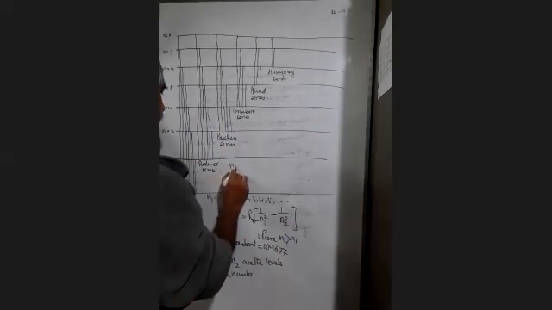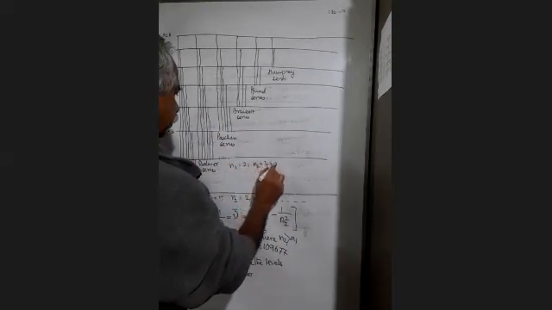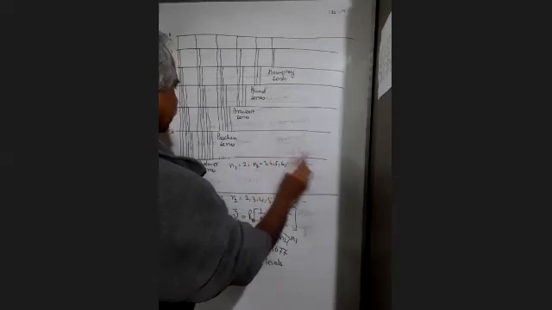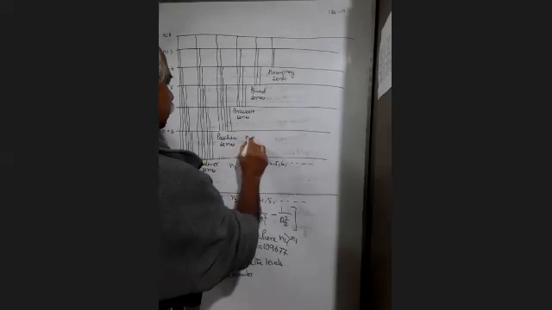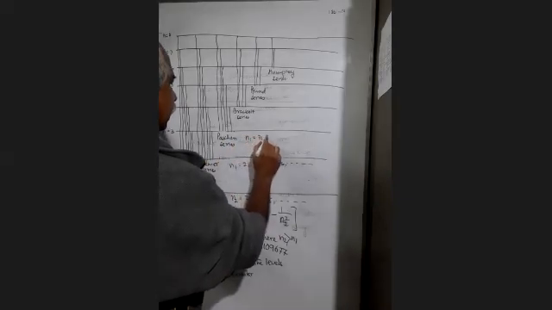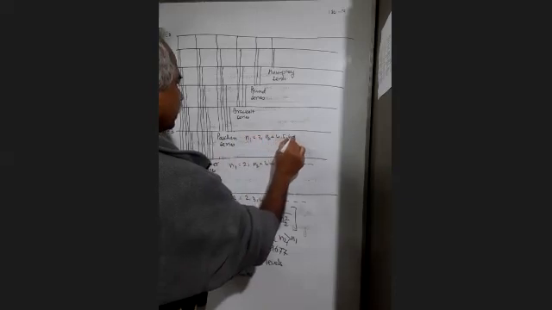So for Lyman series, n1 is 1 and n2 is this. For Balmer series, n1 is 2 and n2 is equal to 3, 4, 5, 6, 7 like this. For Paschen series, n1 is equal to 3 and n2 is equal to 4, 5, 6, 7.